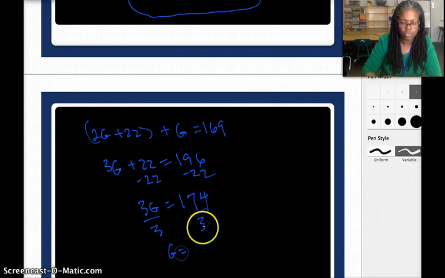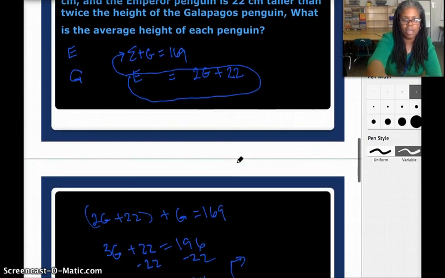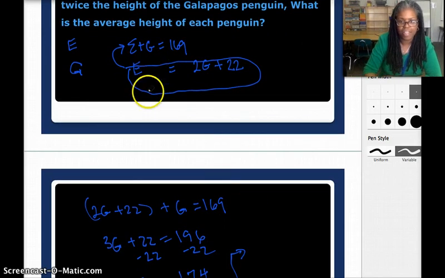So G is equal to, 3 goes into 17 5 times with the remainder of 2, 3 goes into 24 8 times. So 58 centimeters is the height of the Galapagos penguin. And now we've got to figure out the height of the emperor penguin. Beautifully, we've got this equation already solved. E is equal to 2G plus 22.